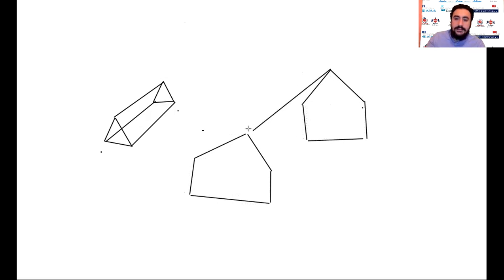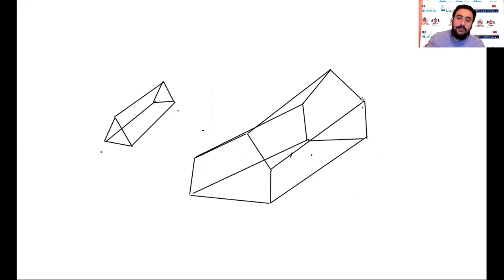And then start to join the vertices together. And that's it. It looks weird, I know, but if you imagine it, they should be the same length and the same everything. So that's how to draw shapes like that.